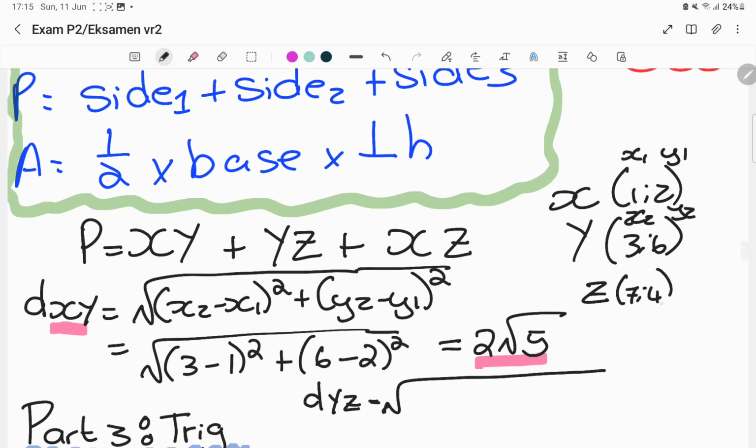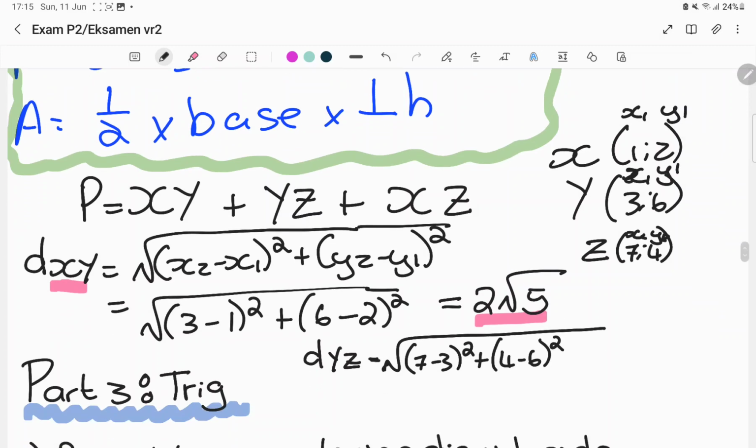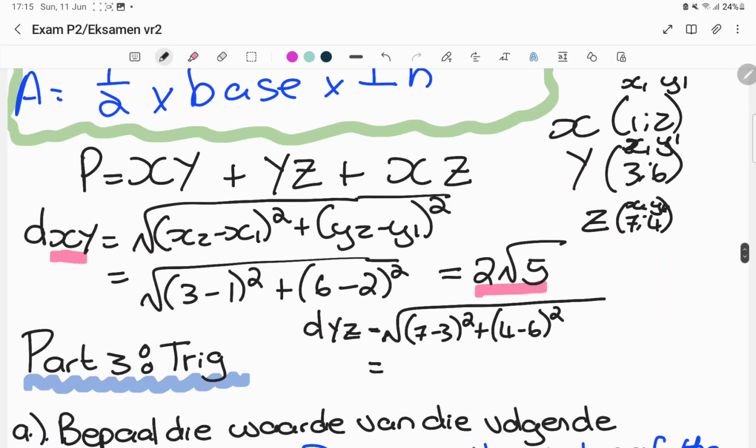Alright, so let's say that this is going to be my x2, y2, and then this will be my x1, y1. Alright, so I'll put in 7 minus 3 squared plus 4 minus 6 squared. And if I calculate that, let's quickly see what we get. You will also get an answer of 2 root 5.